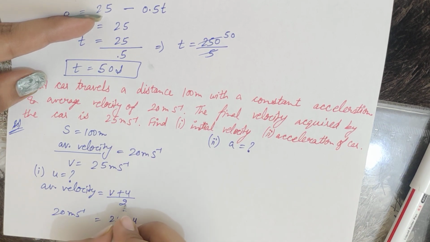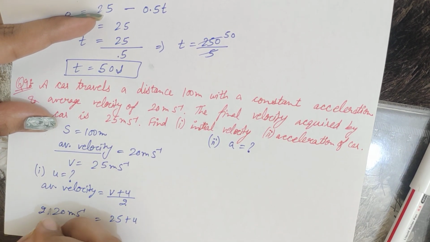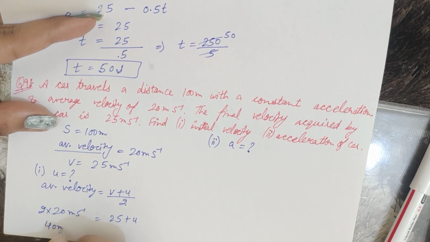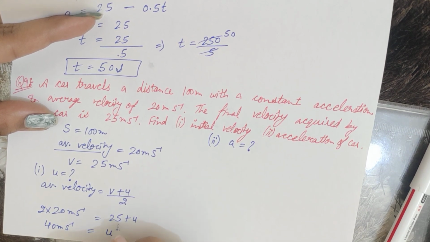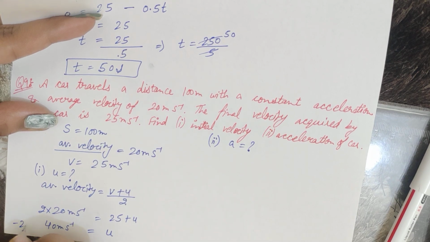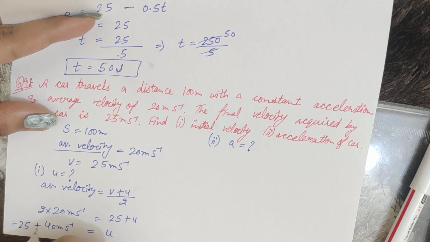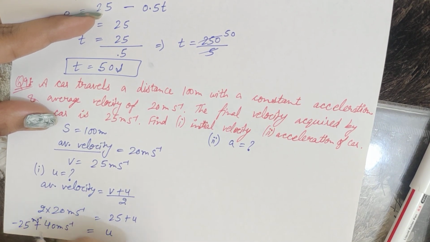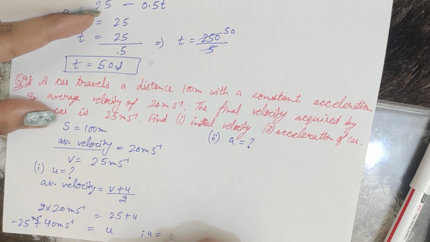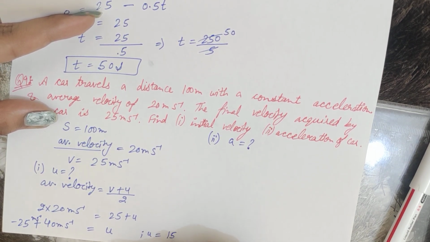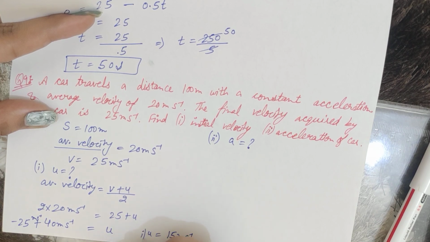The 2 is in the form of division, so it goes to multiplication this way. So 40 meter per second is equal to u plus 25. This 25 will become negative, which means u is equal to 15 meter per second after doing the subtraction of the two values.